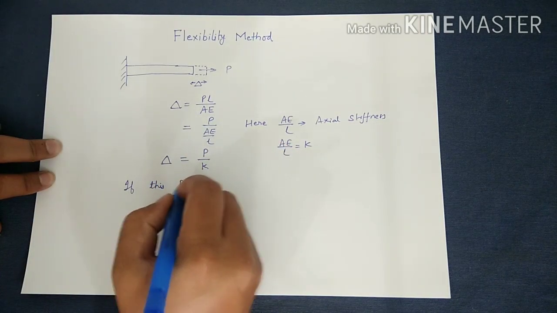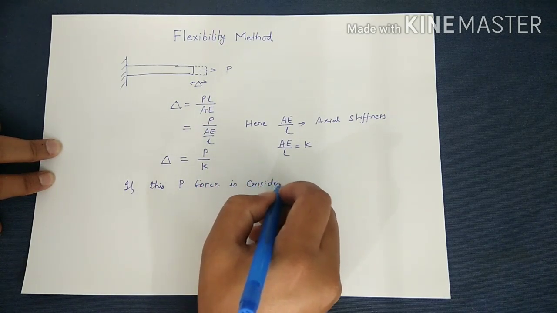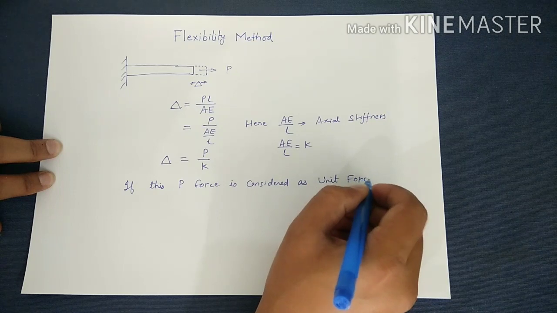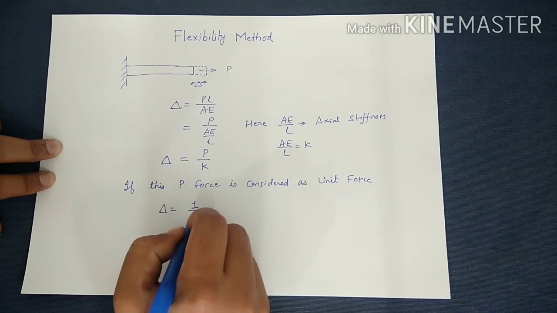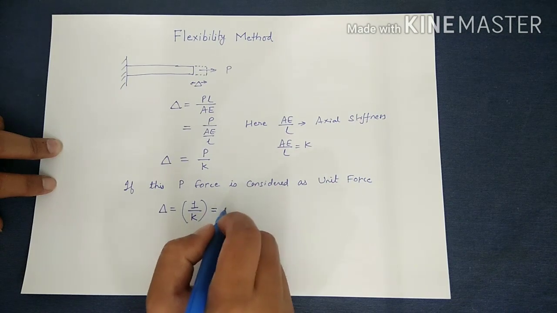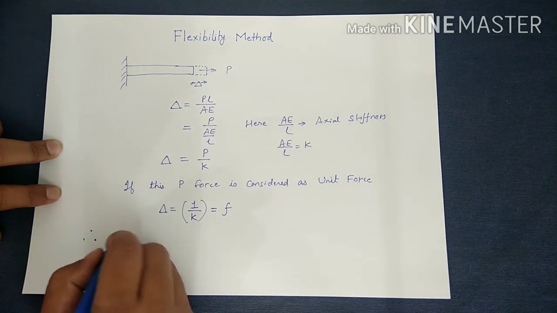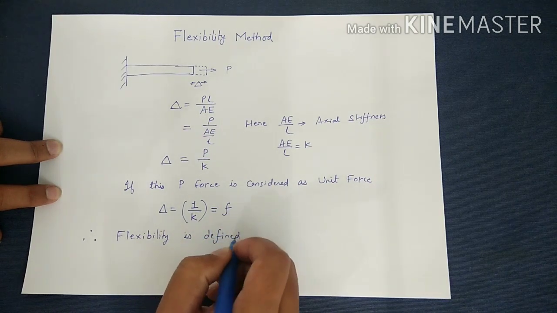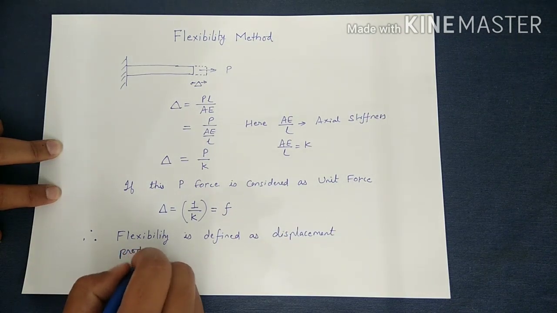Now, if this P force is considered as unit force, then delta will become 1 by K, and this inverse stiffness is represented as F. Therefore, flexibility is defined as displacement produced by unit force.